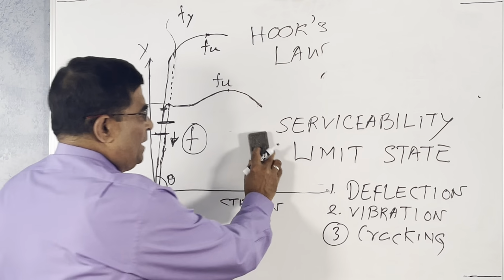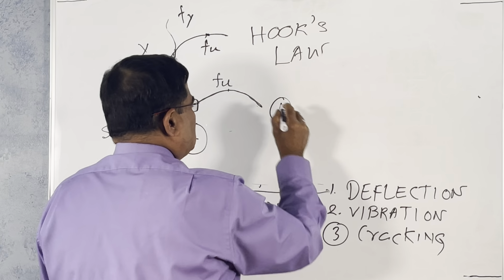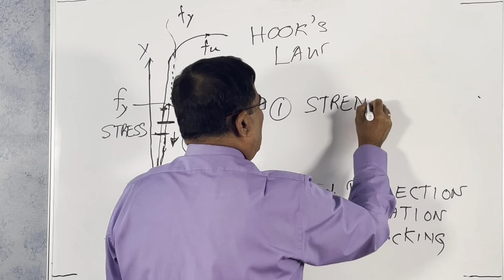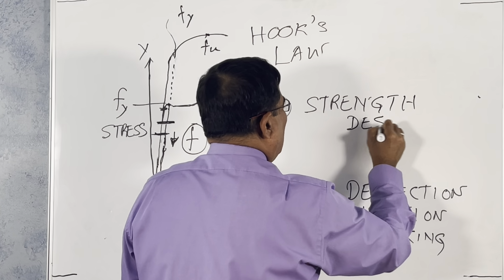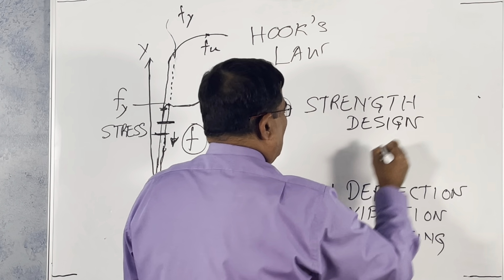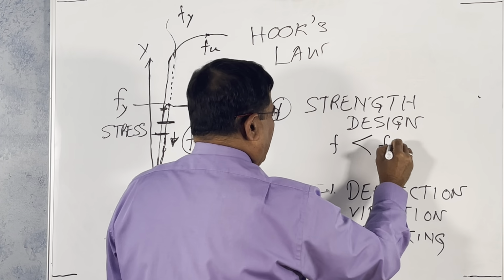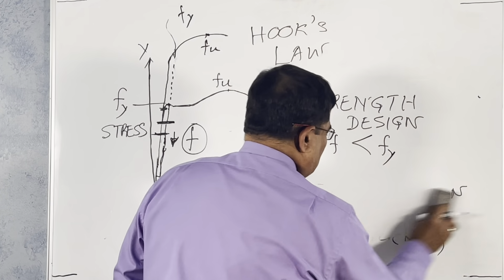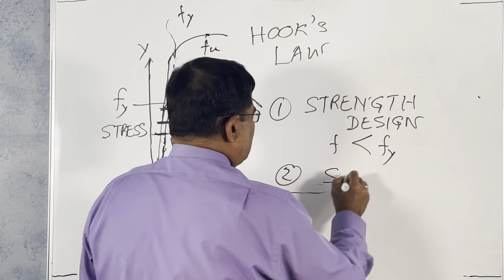That means you have one case, which is your strength design, where your F is lower than Fy. That is one condition. The second is the deflection. That means we consider small deflection.